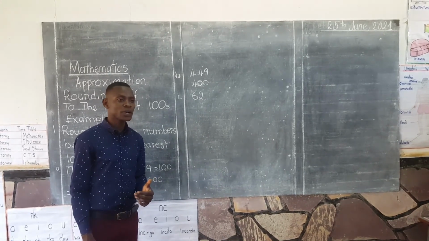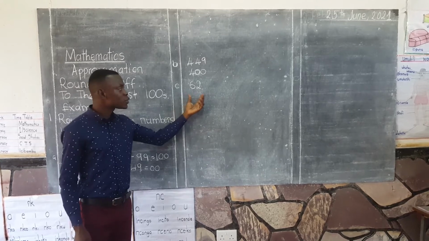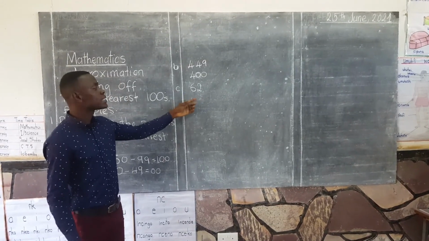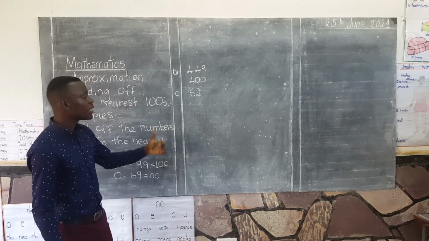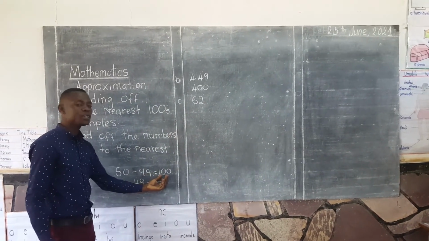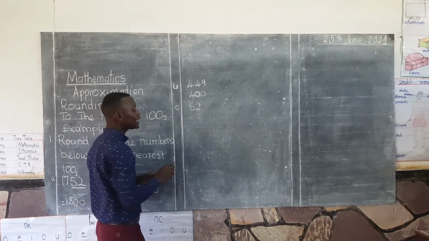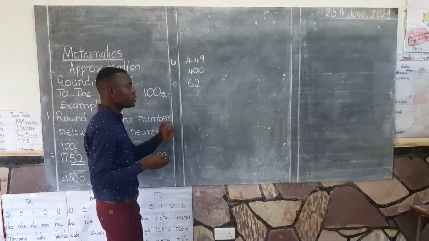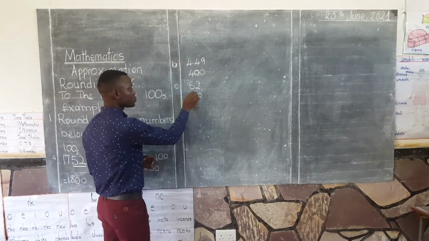Anyone to answer that one? Very good. So this number 62, our friend has said it is above 50. And we said all the numbers that are above 50 have a value of 100. Meaning that this number, when rounding off to the nearest 100, it will be 100.